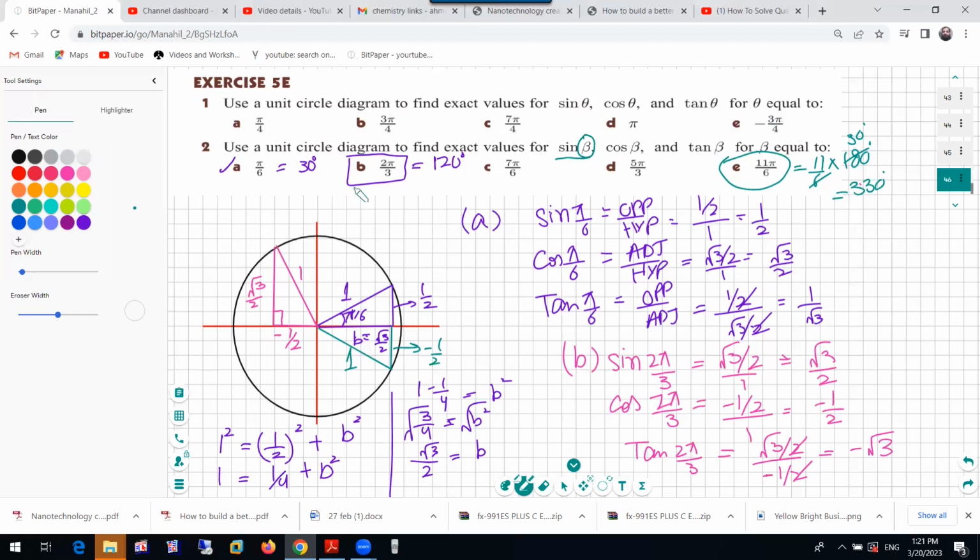In question number 2, the multiples are of either pi by 6 or pi by 3. So that's why there is a difference between these two questions. In the previous question, the adjacent and opposite sides are equal, 1 over square root 2. But this time one side is 1 over 2 and the other side is square root 3 over 2, right? Yeah. So this is the main difference between these two questions.